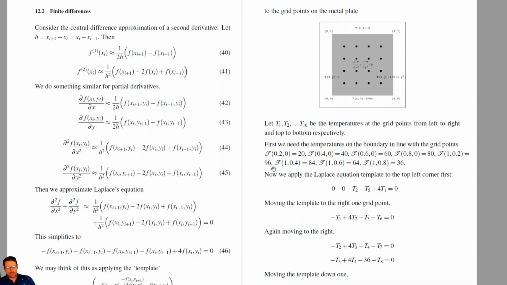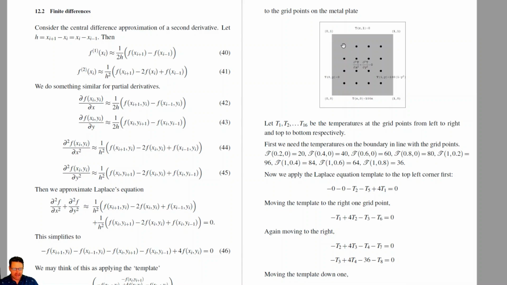Alright? So we have all of these boundary conditions, and on the left-hand side we have 0, on the top we have 0. So we apply Laplace's equation, this template at the bottom left here, to the top left grid point there.